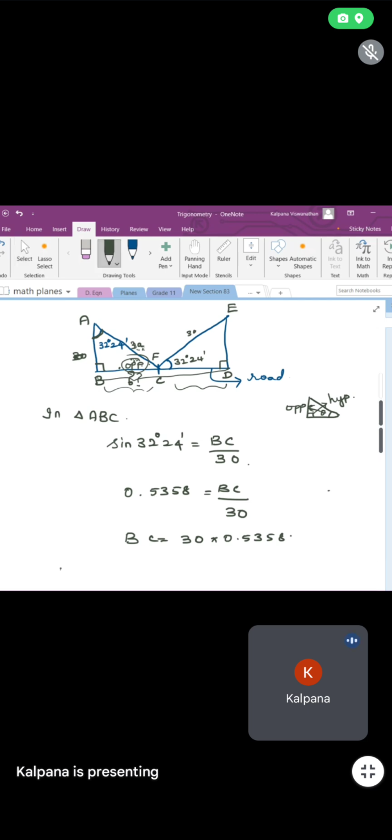For the next one, in triangle, this value we need for BC. Okay, you can find the value here. Now in triangle, whenever we have two right triangles, you have to mention which triangle you are taking. In triangle CDE, CDE.